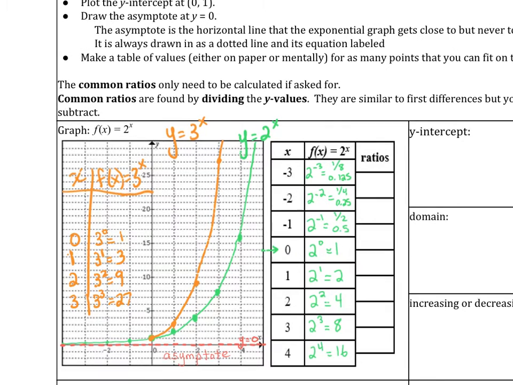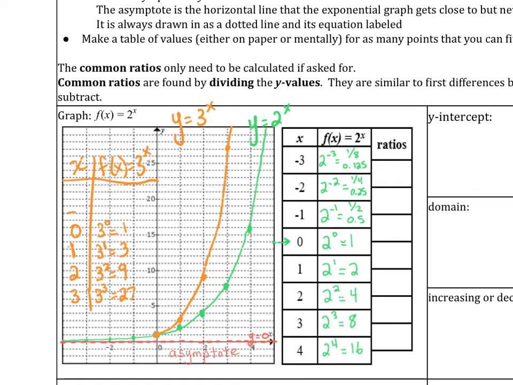And then on the negative side, when x is equal to -1, 3 to the -1 is 1/3, 1 over 3 to the 1, and that is approximately equal to 0.3. When x is equal to -2, 3 to the -2 is 1 over 3 squared, which is 1 over 9, and that's approximately equal to 0.1.